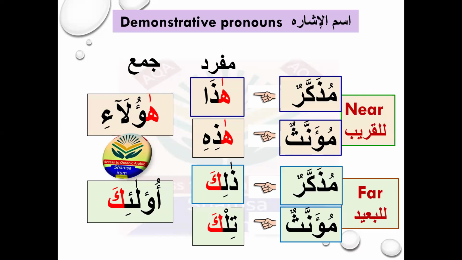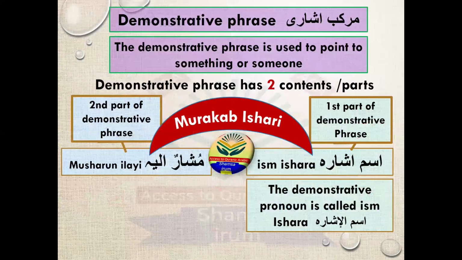At that time I reached this result: if there is ha, it is for ishara lil qarib, and kaf at the end shows me that it is for the ishara lil ba'id. This is the sign that helps me learn them. Okay, so isim ishara is done.